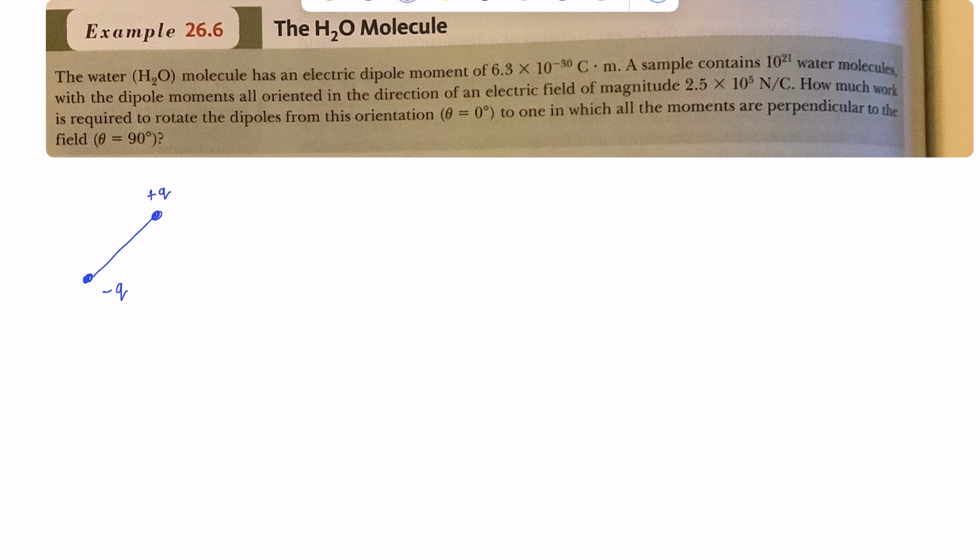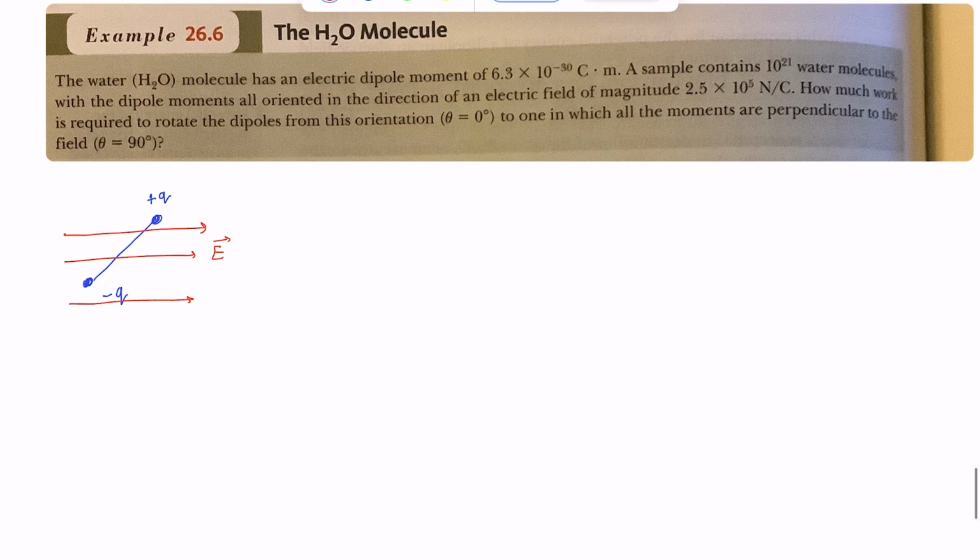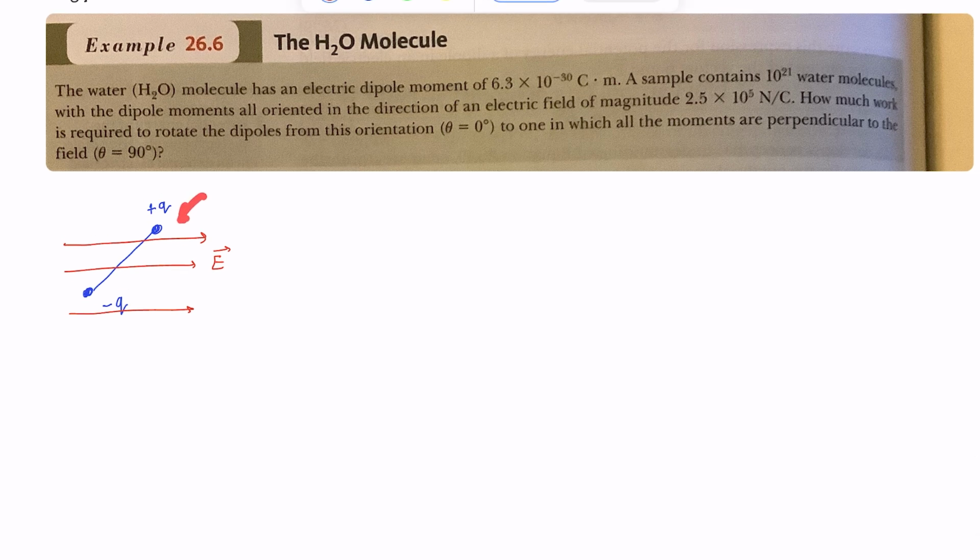If there's electric field here, right? Some electric field, let's call this E. The positive charge here, this guy, is going to feel a pull in this direction, right? And this negative charge is going to feel a pull in this direction. So this dipole, a system of two charges plus q minus q, has a tendency to rotate.